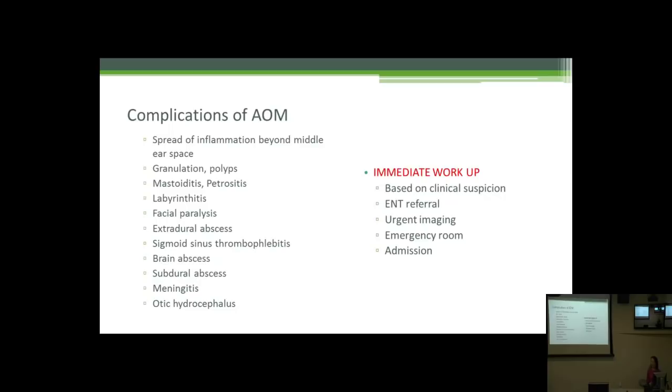And again, those are on the extreme side, but it can happen. It's been documented. Immediate workup is necessary, referral immediately to an ENT. If, however, the patient is exhibiting neurological signs, please refer them immediately to the emergency room.